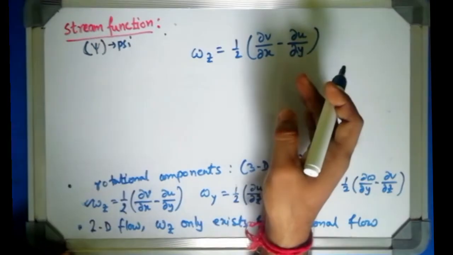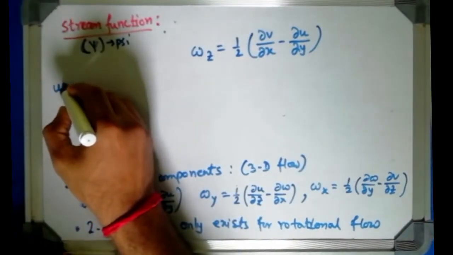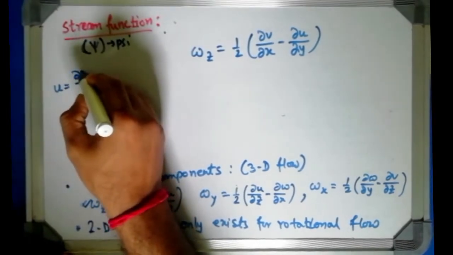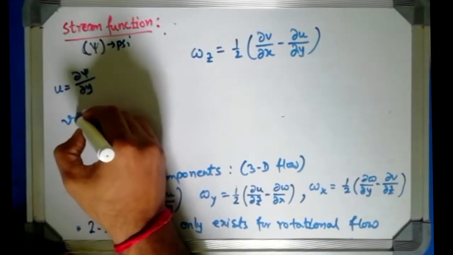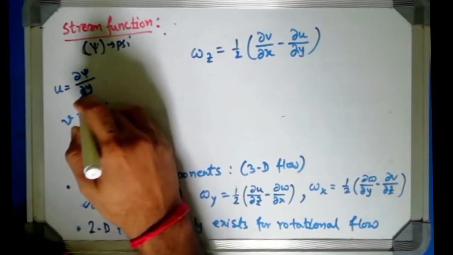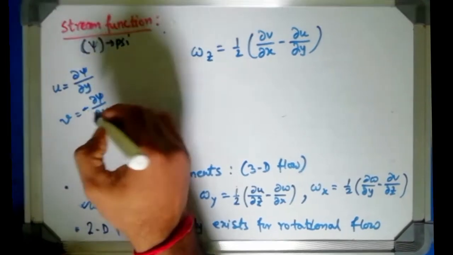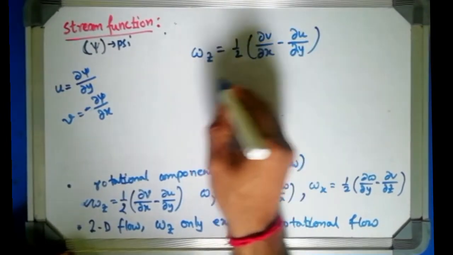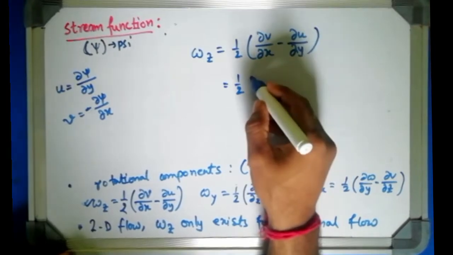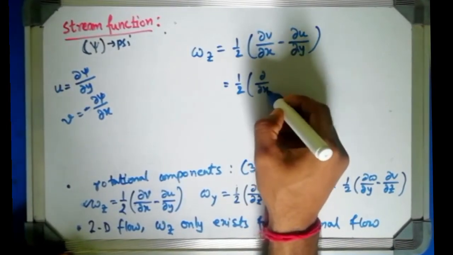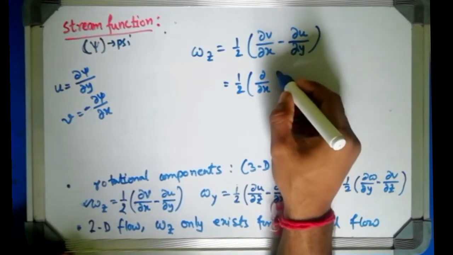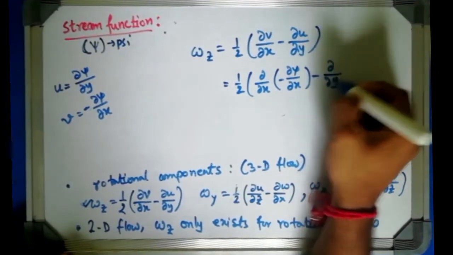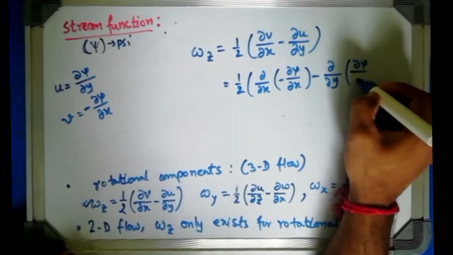Now we substitute the values of u and v from the stream function. U is del psi del y and v is minus del psi del x. These two I am replacing over here. After substituting, it will be del x of minus del psi del x, then del y of del psi del y.